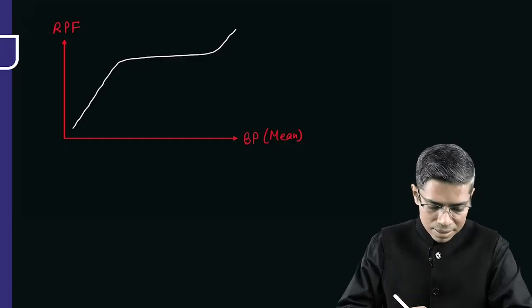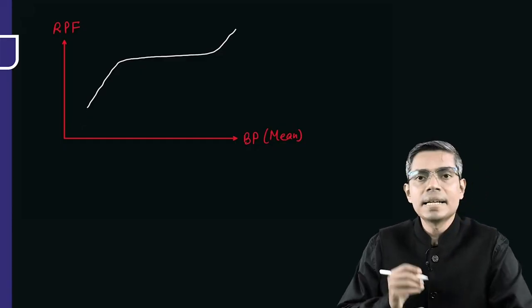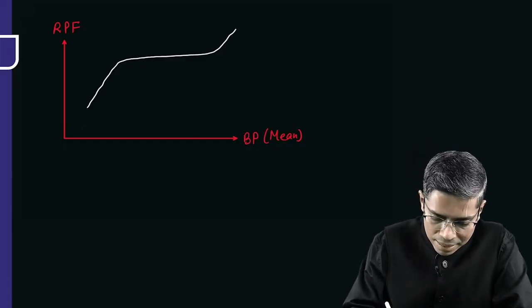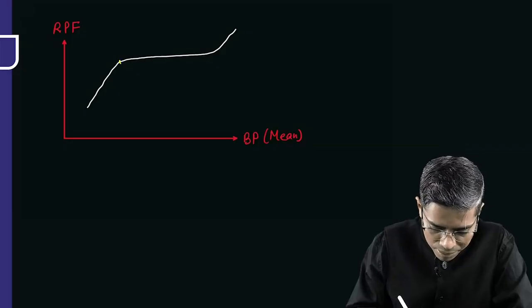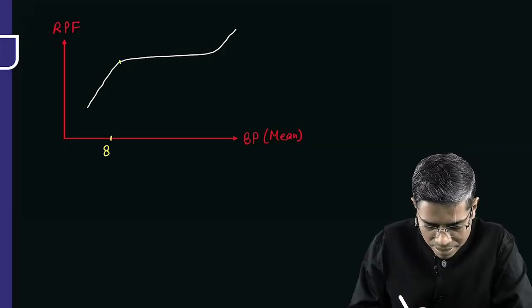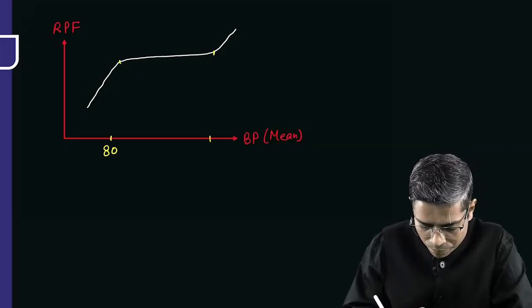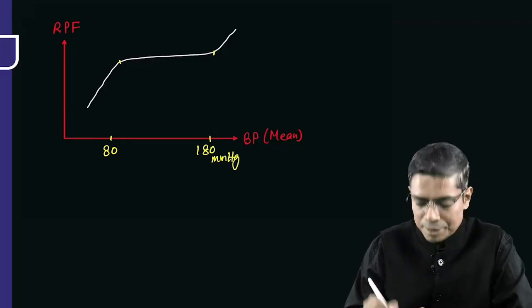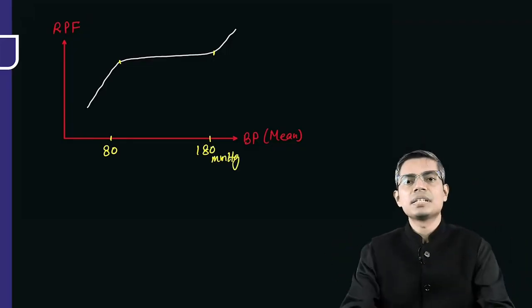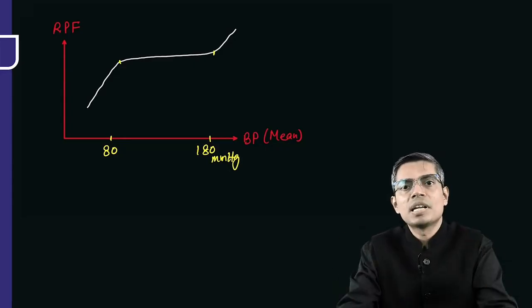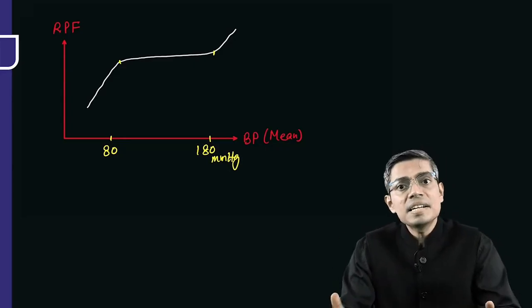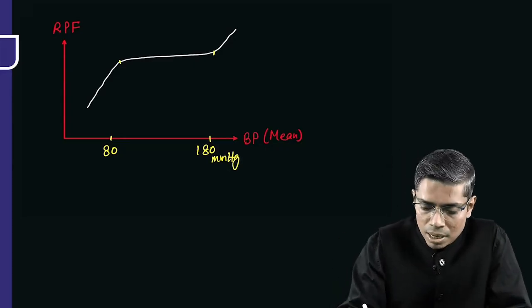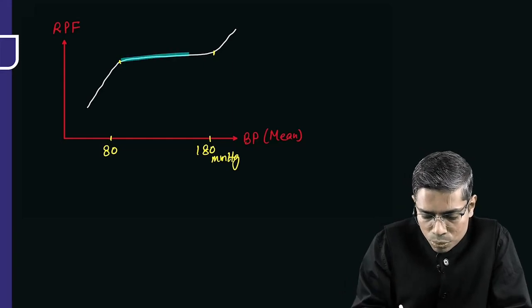So what is this graph indicating? This graph is indicating that if the blood pressure of the person is changing from 80 to 180 millimeter of mercury, is there any change in renal plasma flow? Answer is no. There is a plateau.